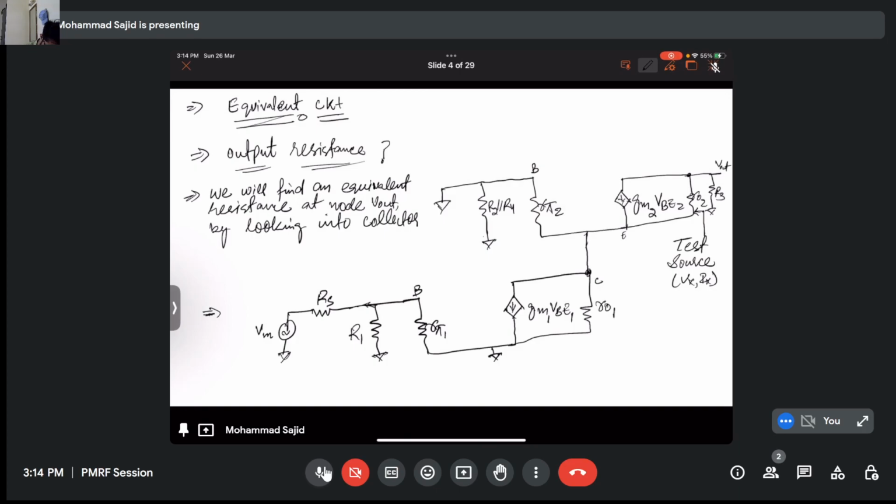So I'm writing here looking into the collector of transistor Q2.